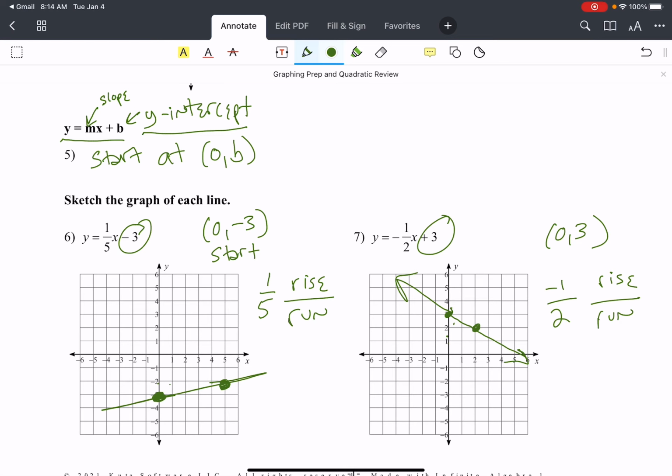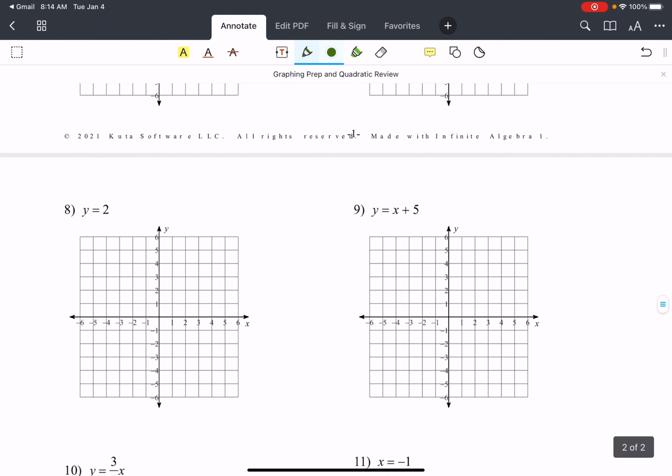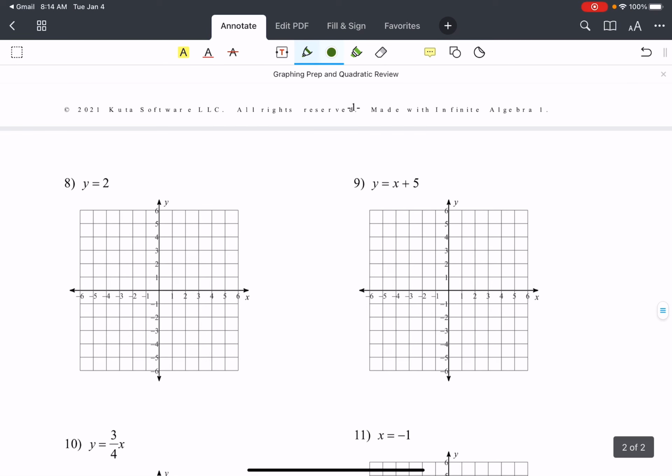You doing okay? Any questions so far? Okay, let's go to number 8. Number 8 looks different because I only have one number. Is that 2 the m or the b? Why? Perfect. That is the b because there's no x by it. So if it helps, imagine it like this. What is the slope on that one? 0.